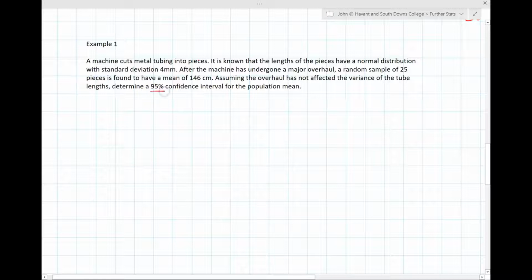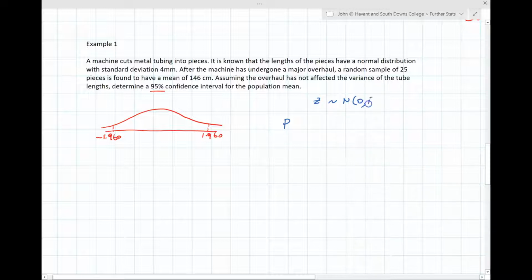We want a 95% confidence interval. We can either look at the numbers in the tables or, as I showed you before, work out the number in the calculator. The number we're looking for at 95%, as demonstrated earlier, is 1.960 or minus 1.960. What we tend to do is write that into our distribution, say a Z distribution, which is our normal distribution with mean 0, standard deviation 1.